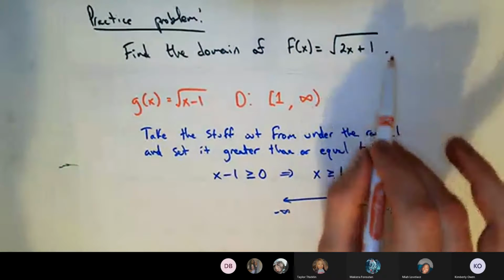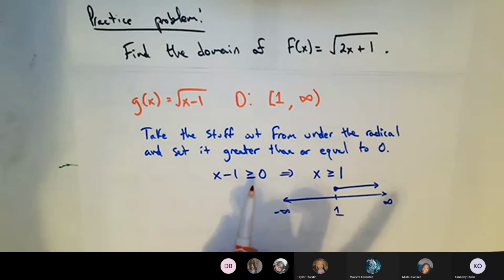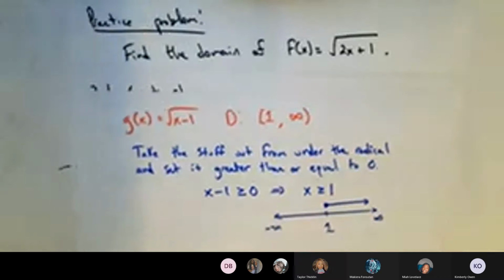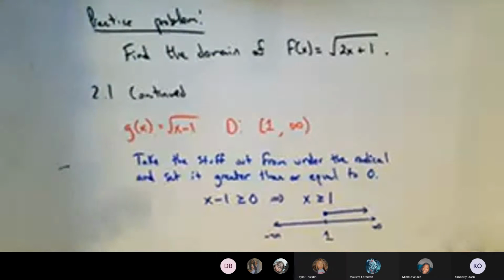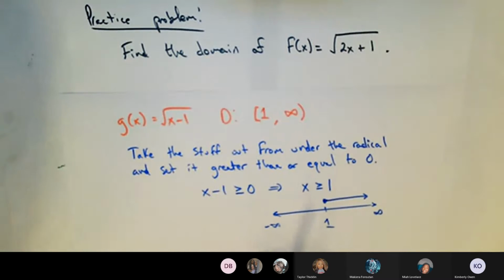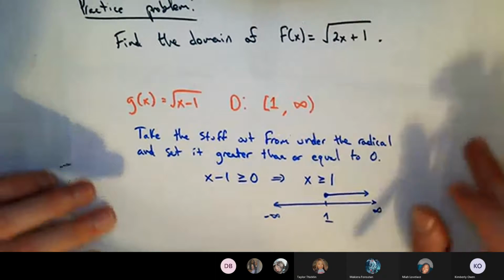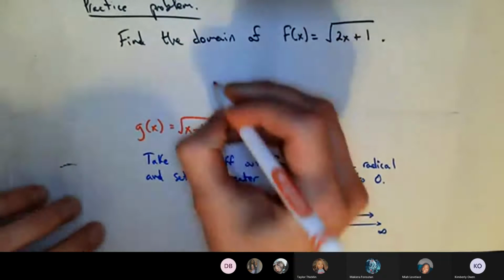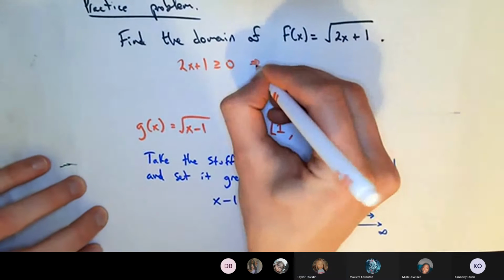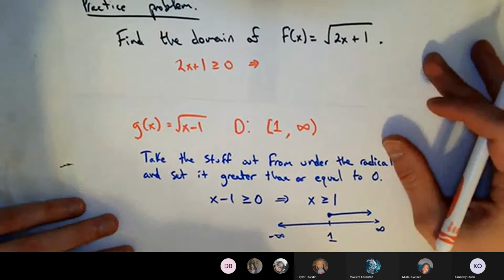You take the stuff happening under the radical and set it greater than or equal to 0, and then you solve for x. So our first step would be 2x plus 1 greater than or equal to 0. And then how would I solve for x from here?